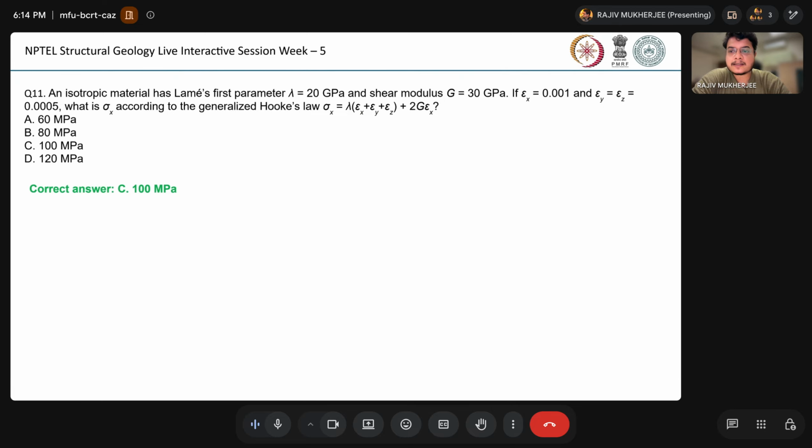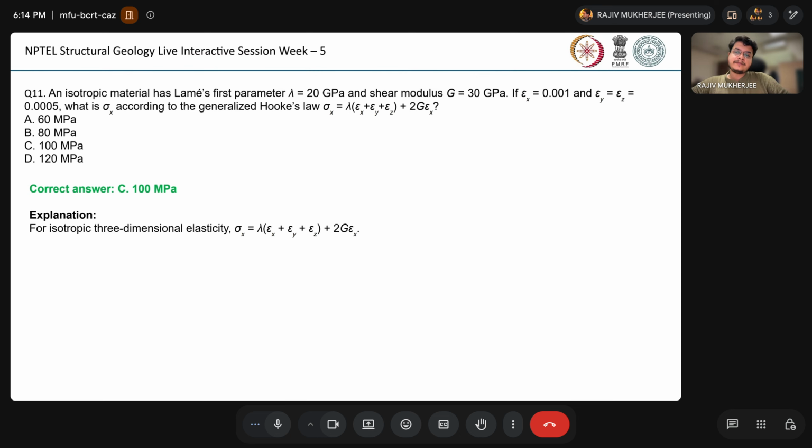so the correct answer is option C, 100 MPa, and the explanation is that we simply take the isotropic three-dimensional elasticity. The formula is already given. We are considering an isotropic material.